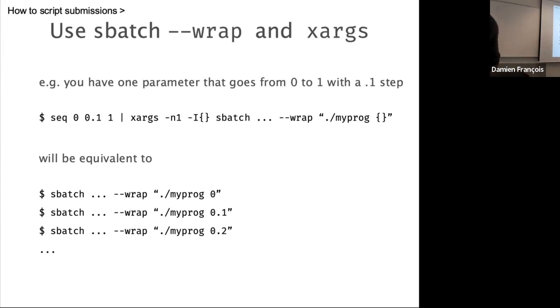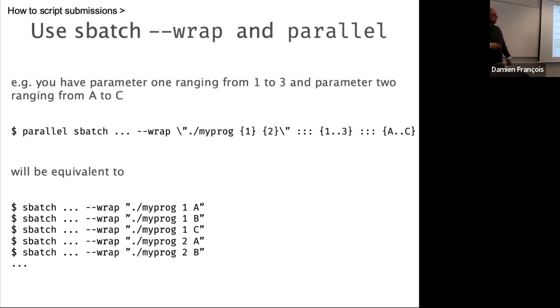In some later session on parallel computing, I will talk about GNU parallel. Just showing you that it's an easy way as well to create multiple jobs. So with this single line, which I will not explain, if you want to understand, come to my session about parallel computing. This is equivalent to all these lines.